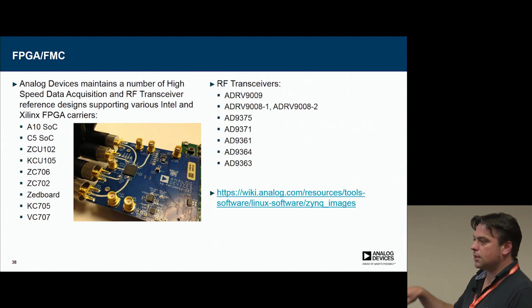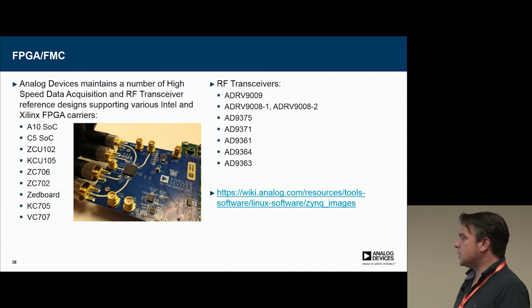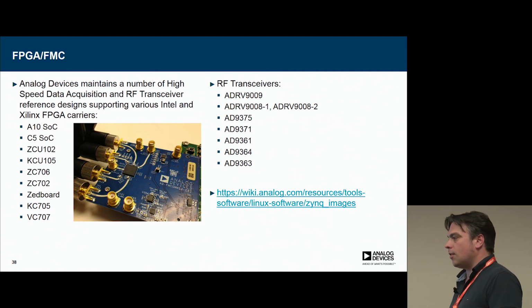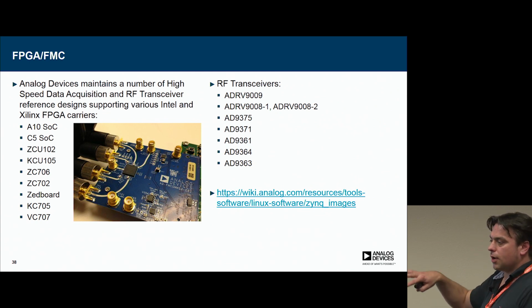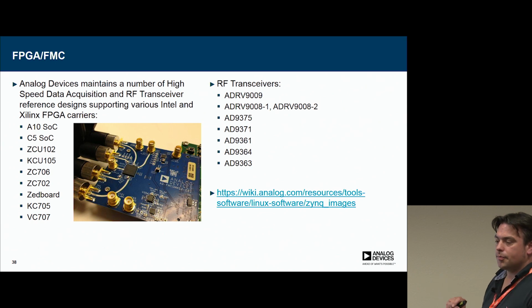We also support this on the non-SoC versions, for example VC707 or KC705, which don't have a hard core. And we have a couple of FMC cards for different transceiver families, the ADRV9009, AD9371, and the AD9361 family. So you can use all what I've just talked about also on these carriers with these FMC cards.